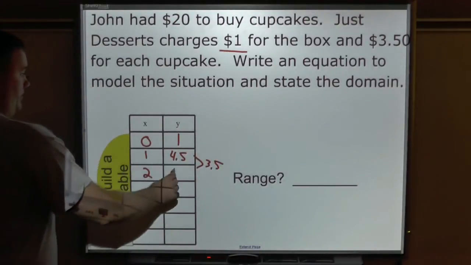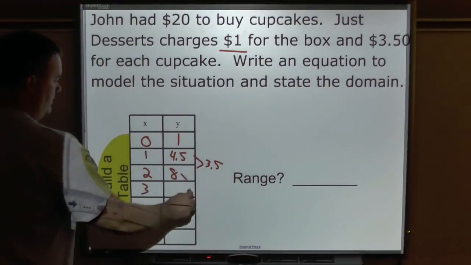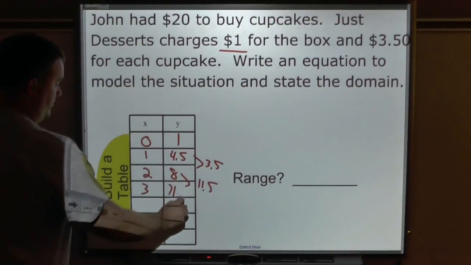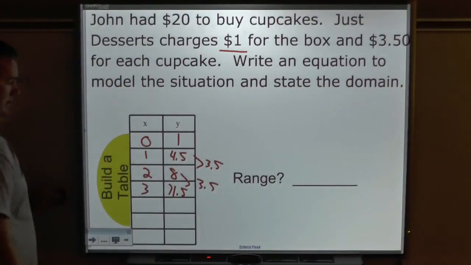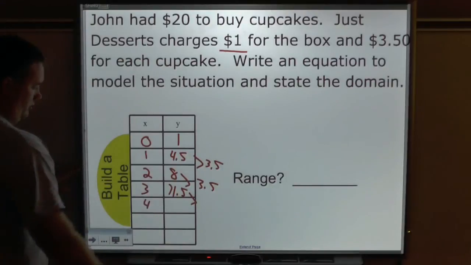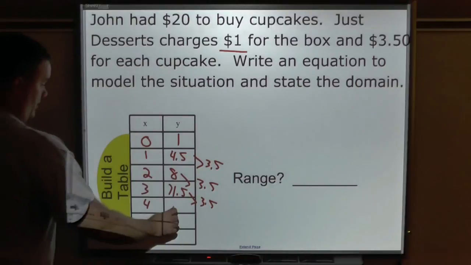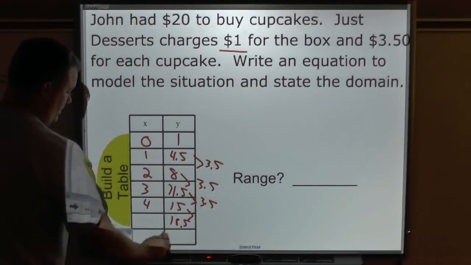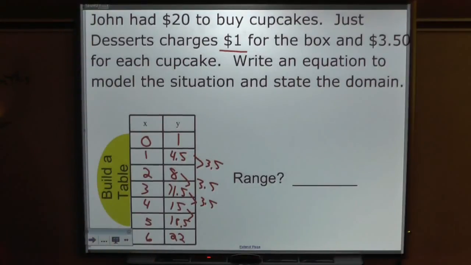So you're going to be at $8. 3 cupcakes, $11.50. You're adding on another $3.50. Go up to 4. Add on another $3.50 again. You're now at $15. Again, $18.50. And then you're going to be at $22 for the 6th cupcake.